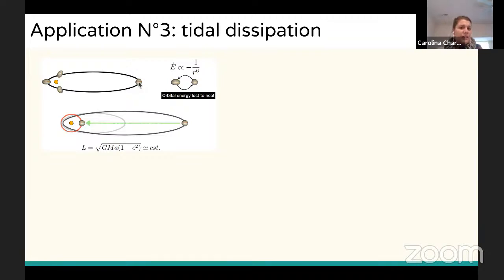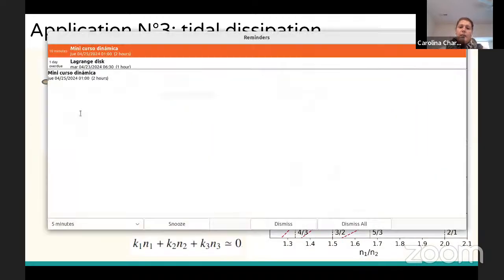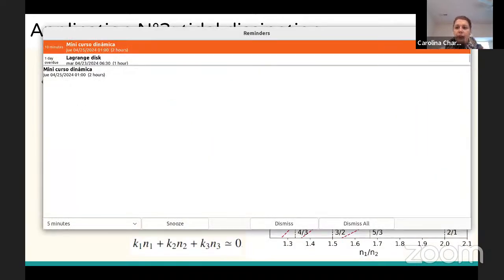And so each time that the planet passes nearby the star, it will deform, it will get oblated, it will lose orbital energy that will be translated to heat. And after many orbits, we can get planets that are closer to the star and end up in very circular orbits.